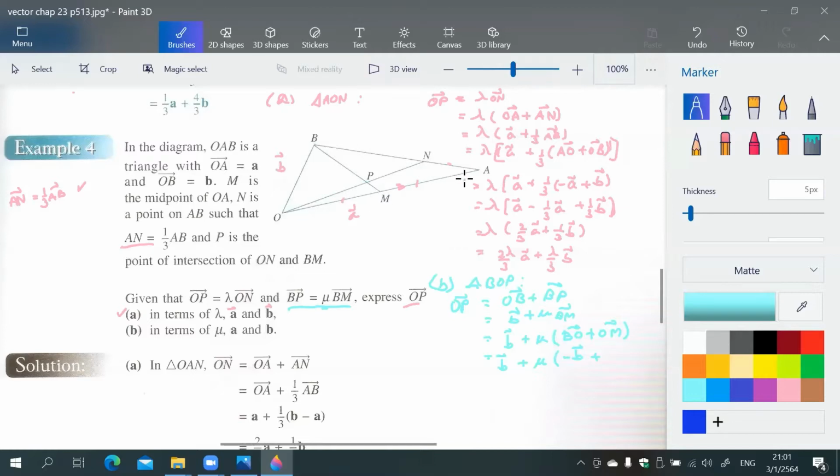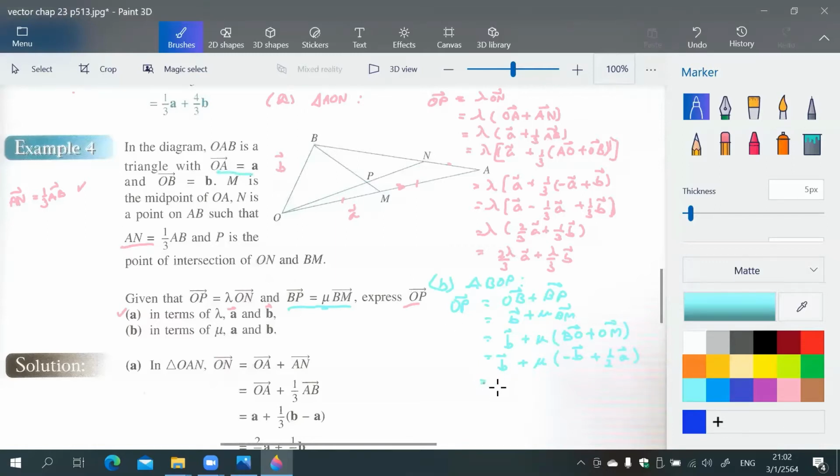We know OA, right? So OM is going to be 1 over 2 of vector A. OM is half of OA, because OA equals A here.